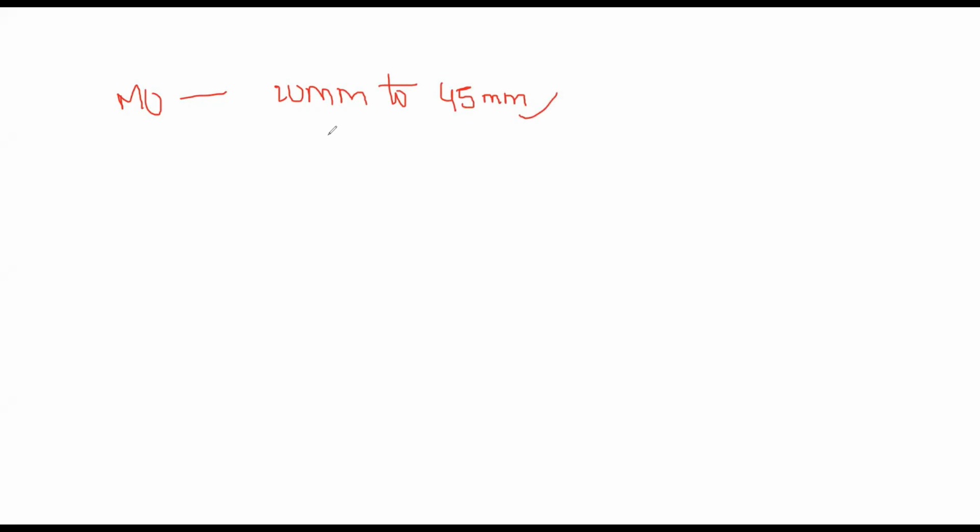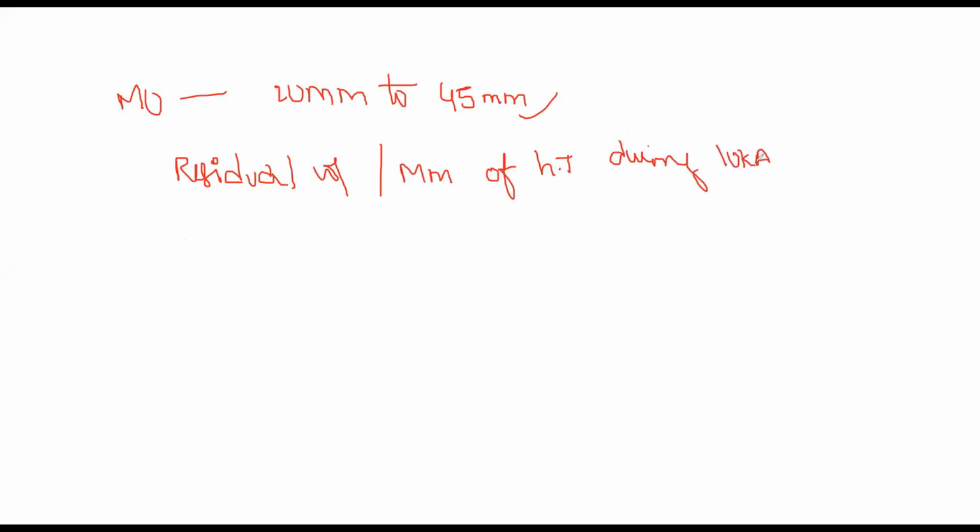As I said, the metal oxide resistors are in the range of 20 millimeters diameter to 45 millimeters diameter. Generally, the residual voltage, as per the guidelines, means the voltage during the passage of a 10 kA discharge current, per millimeter of height of the metal oxide.